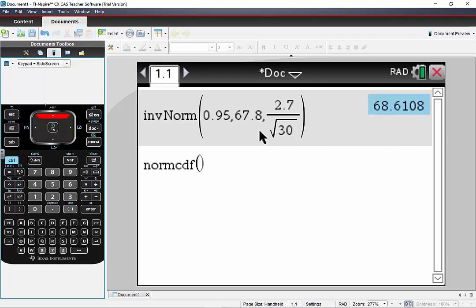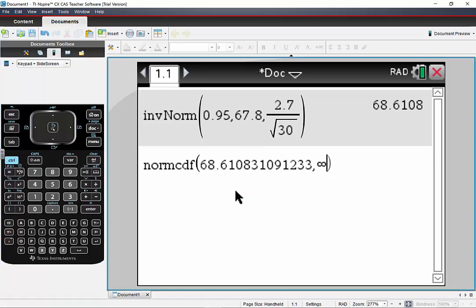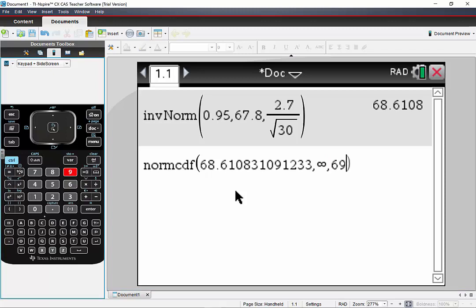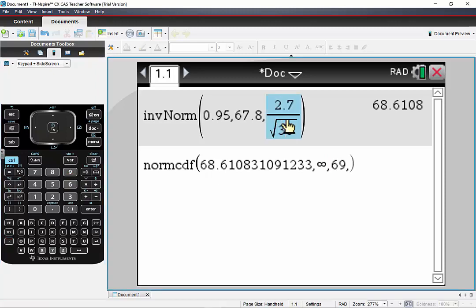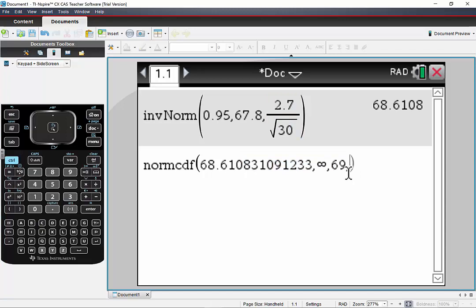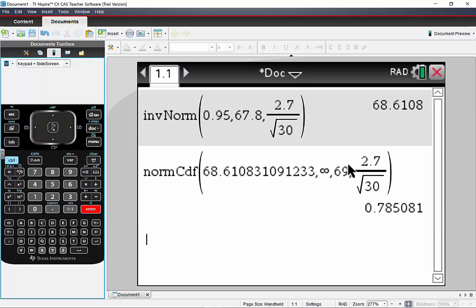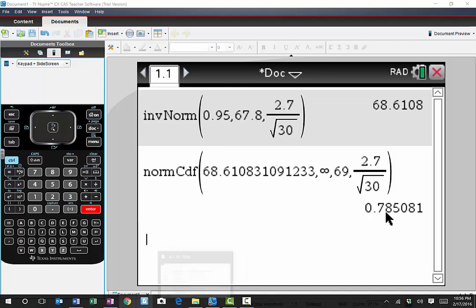Let's select this value to positive infinity, comma 69, comma. Be nice if I could grab this and copy it. Control C. Is that going to work? Control V. 0.785.